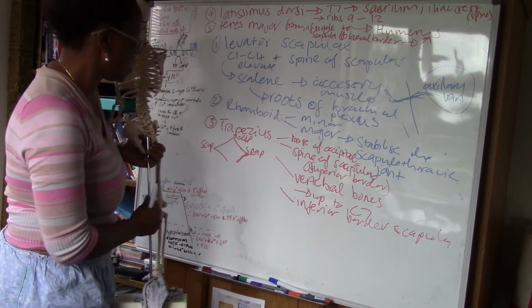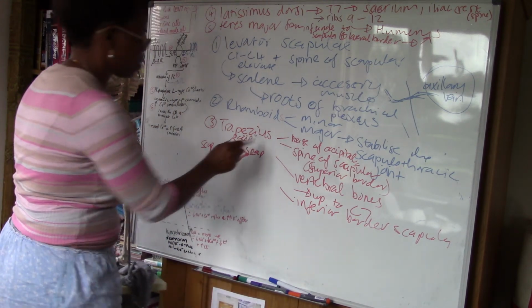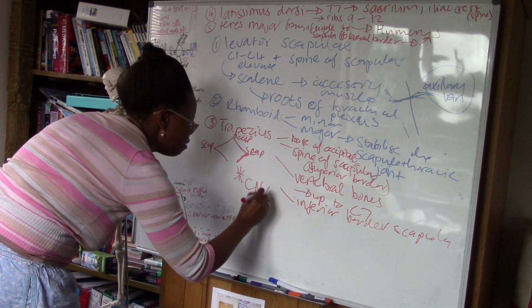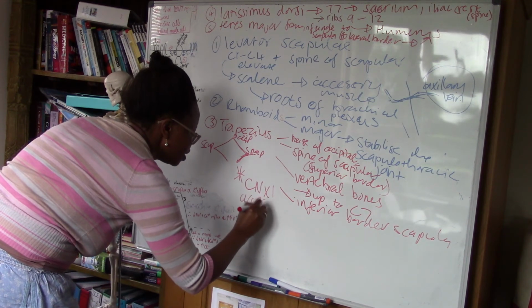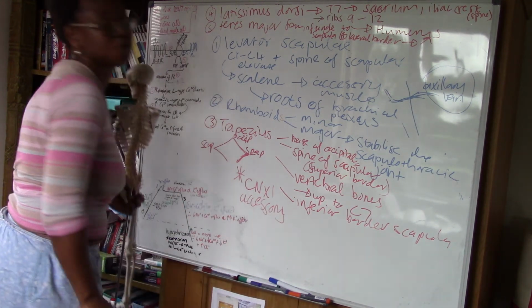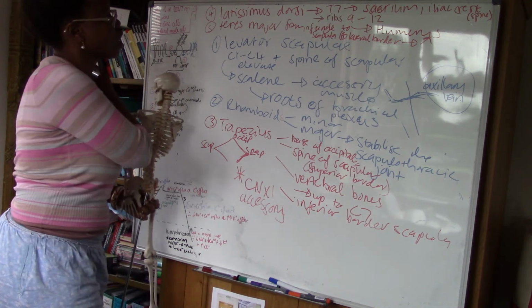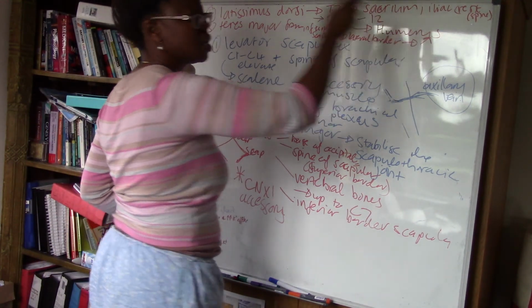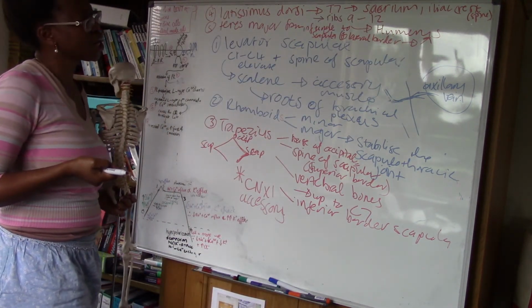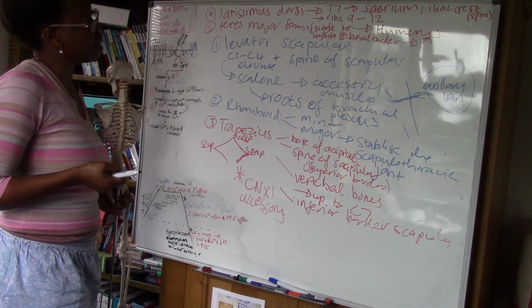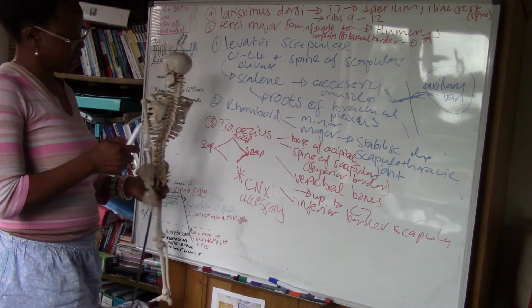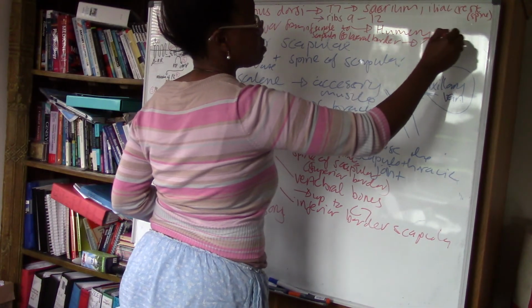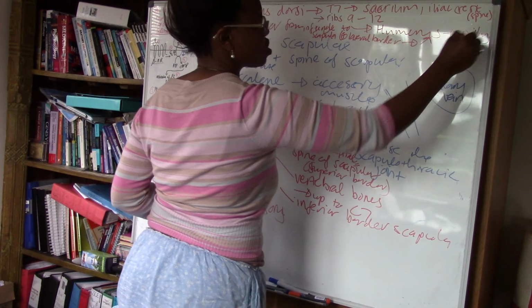And the nerves: trapezius is tested a lot, and we test cranial nerve 11, which is the accessory nerve, usually by shrugging the shoulder. Latissimus dorsi is the dorsal thoracic nerve that is tested. Teres major will be innervated by the axillary, and I think in musculocutaneous.